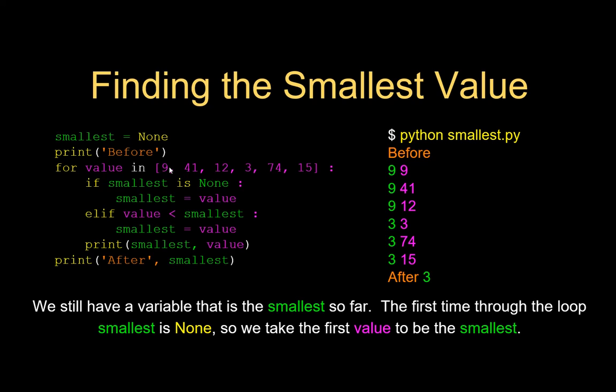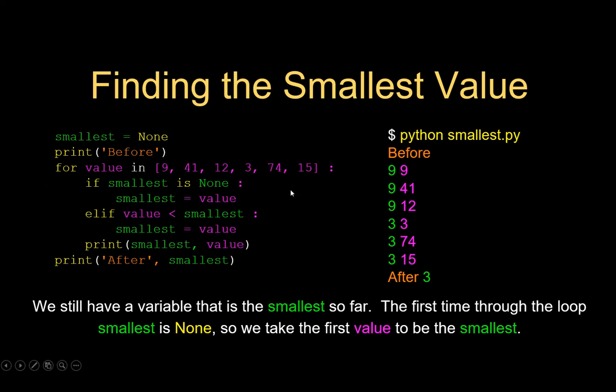It's a special, reserved word, and in this example we assign None to smallest, which means that we haven't seen the smallest yet. That's how we can interpret this statement.